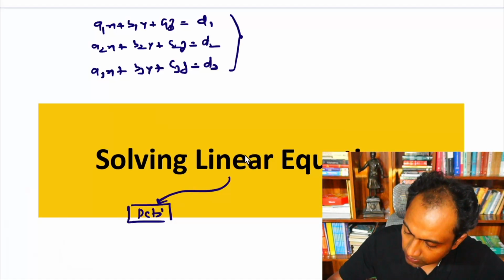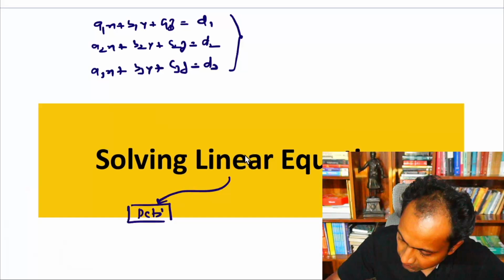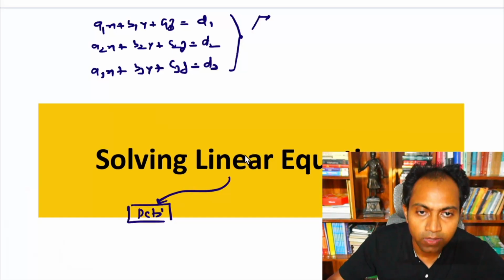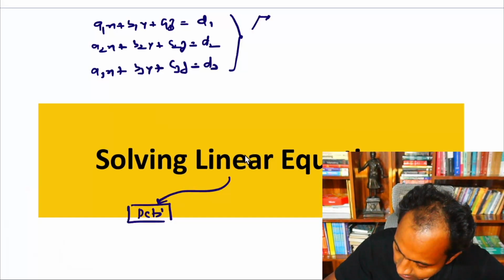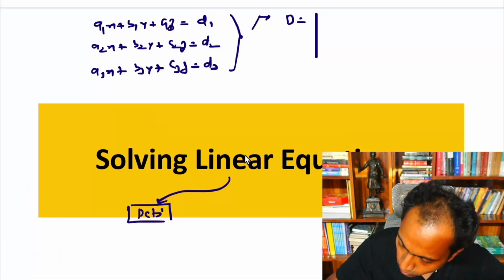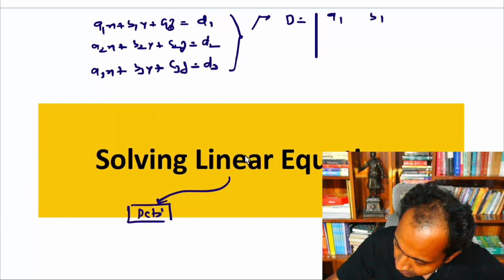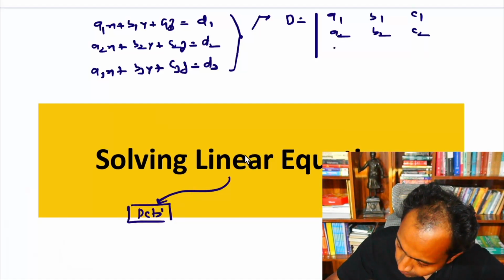So out of this, we are going to write 4 different types of determinants. The first one is going to look like this. This we are going to call as nothing but D. This will be nothing but the determinant of coefficients of x, y, z. This will become A1, B1, C1, A2, B2, C2, A3, B3, C3.